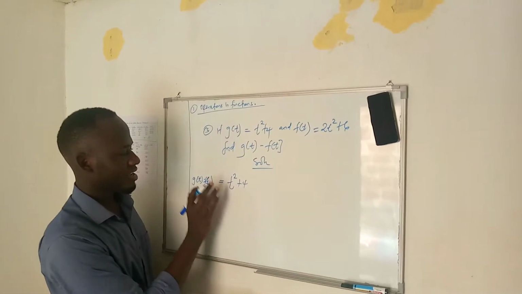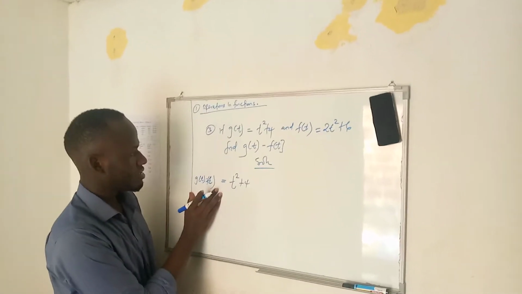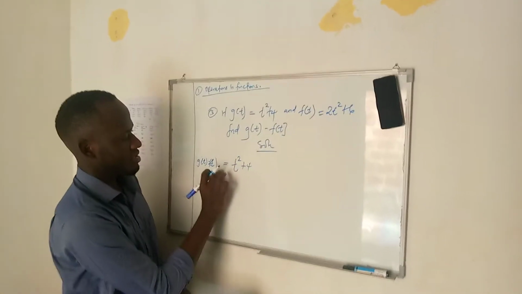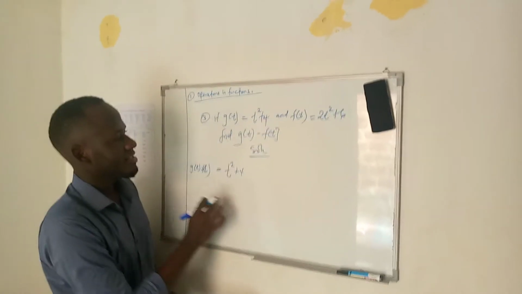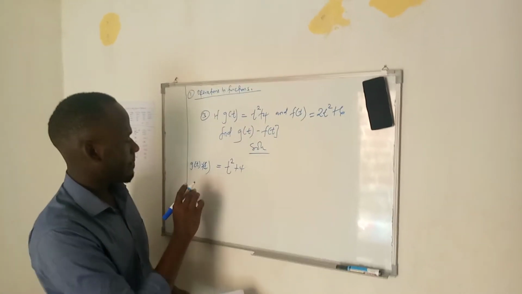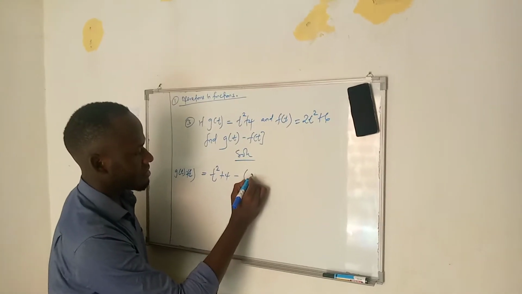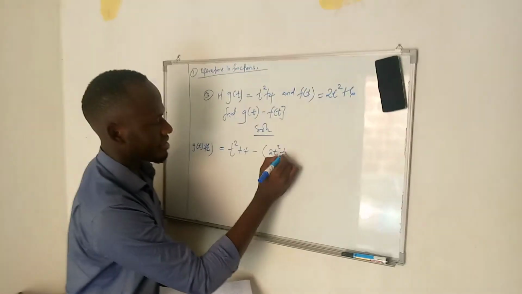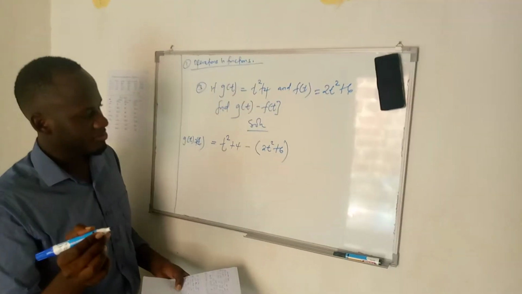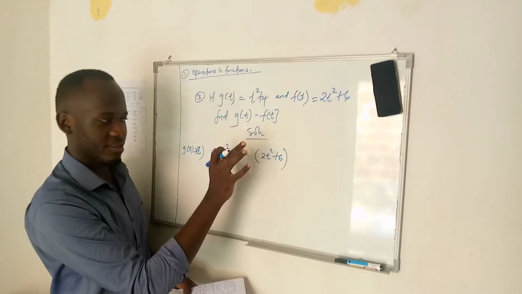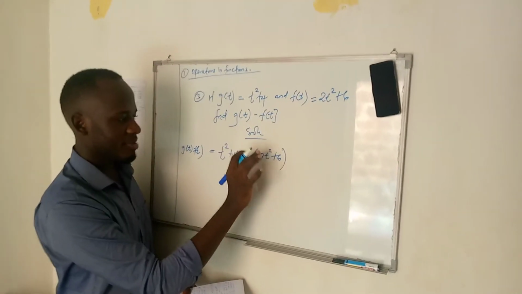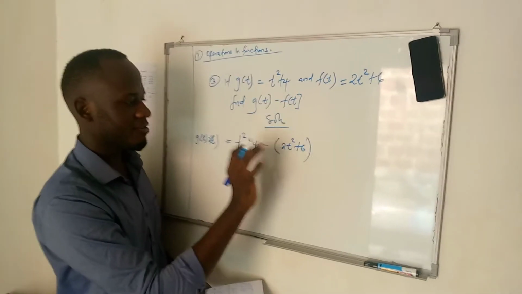Mind you, when you are doing a mathematical question, you have to equate it with what has been asked. This is equal to g of t minus f of t. What is f of t? In brackets, f of t is 2t squared plus 6. As we had done before, this sign has to affect the bracket. All the things in a bracket will change their signs.